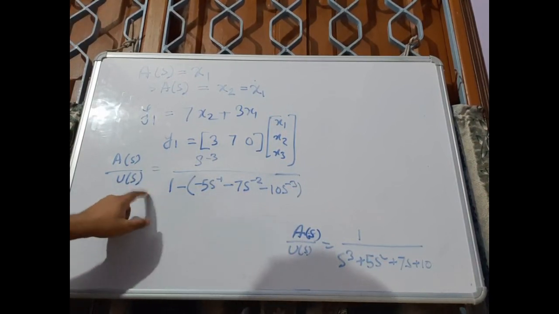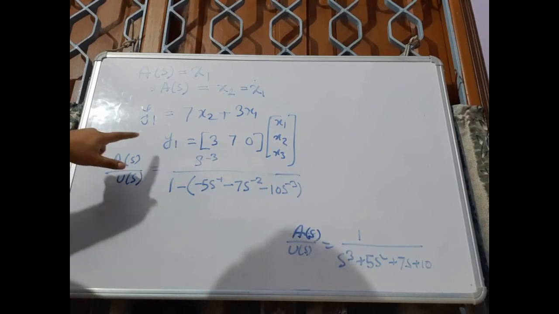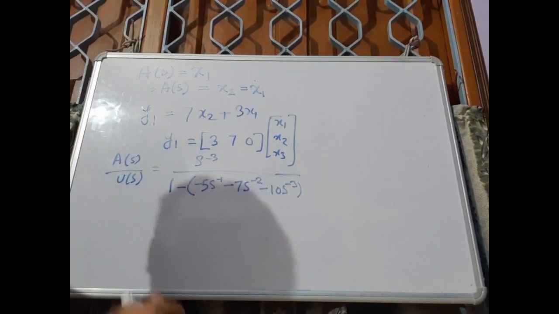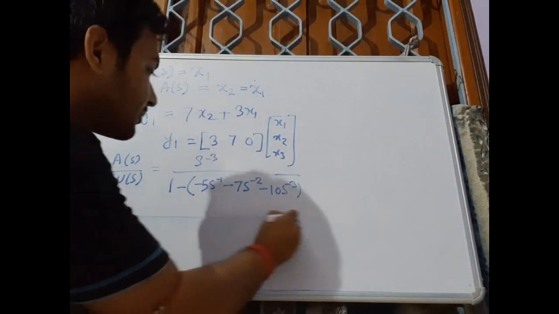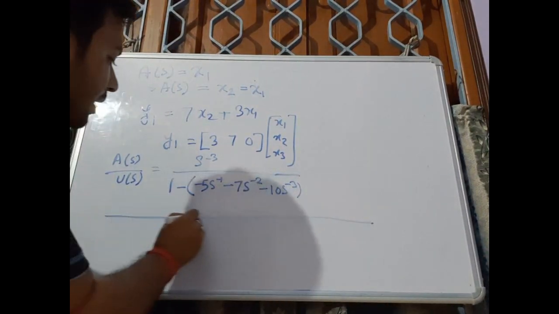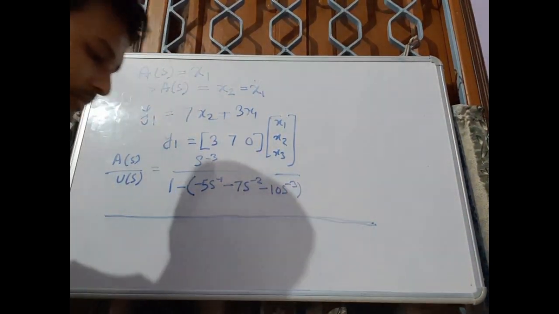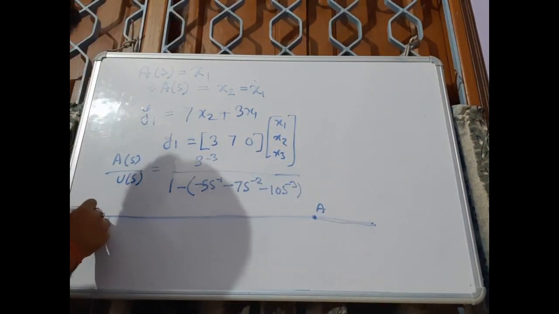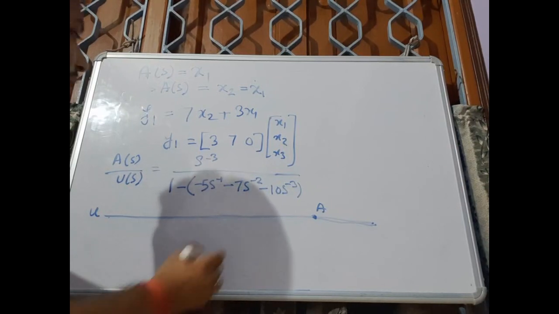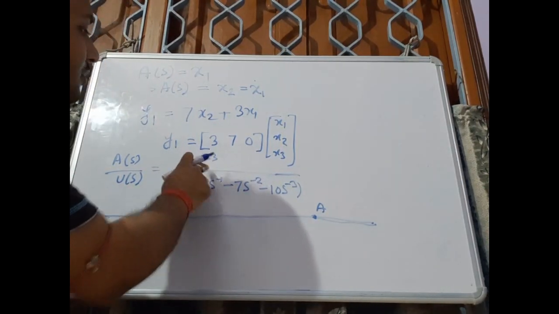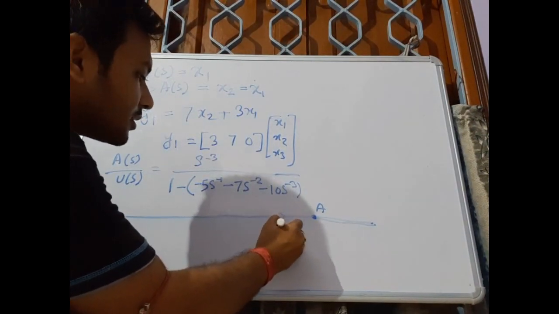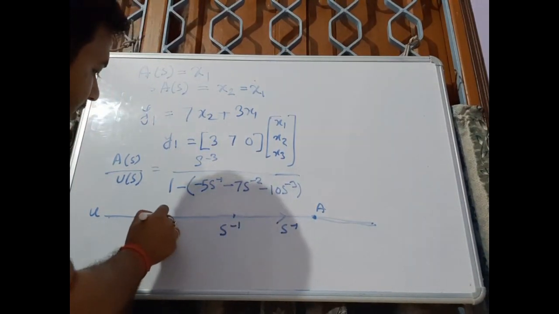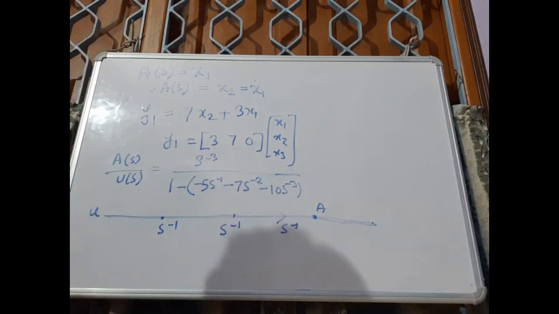Now if I just draw the signal flow diagram of this part only, we have output A and input U. Now we have s to the power minus 1, s to the power minus 1, s to the power minus 1, right?